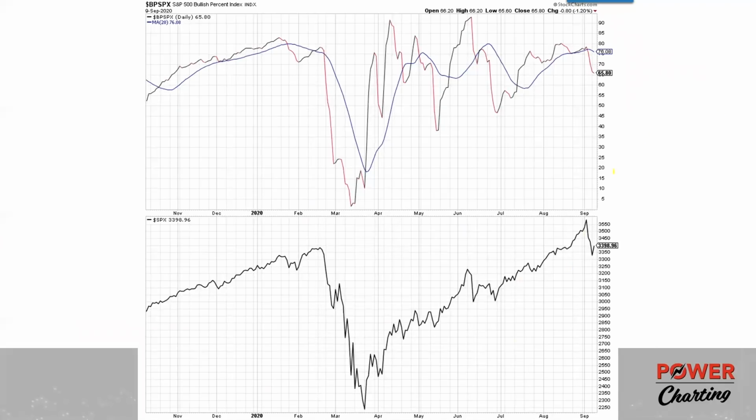Here's the S&P 500 bullish percent. You can see that in this case there is a deterioration of the bullish percent throughout. Look at this extreme acceleration, climactic, in the index with a lower high, a divergent characteristic being made.